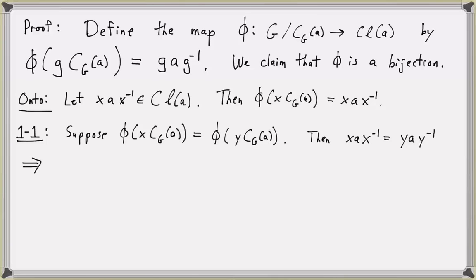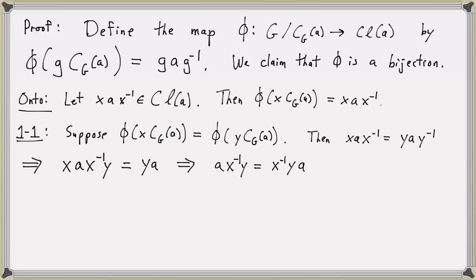But by multiplying both sides on the right by y, we see that this implies that xAx inverse y equals yA, and then by multiplying both sides on the left by x inverse, we get that A x inverse y equals x inverse y A.